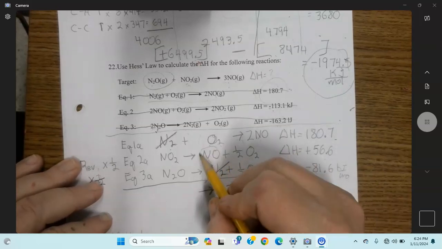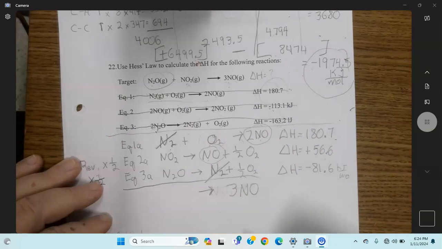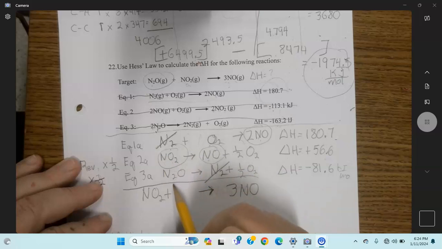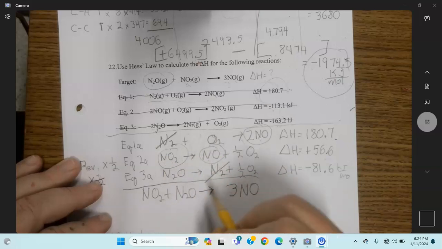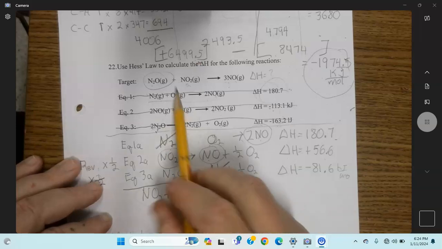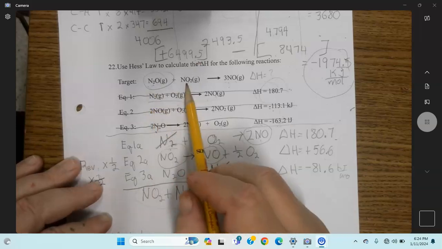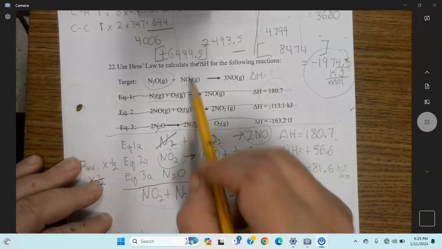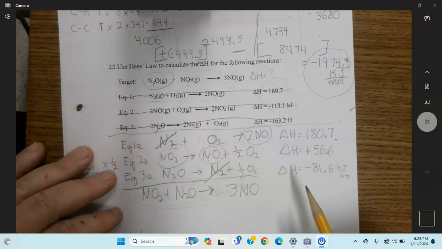Okay, so we've done those. I'm going to circle those because we used them. And then I've got NO2, and I don't see it anywhere else, so it goes over here. Plus, and I've used that, and now I got N2O nowhere else, so it goes here. And you see that matches up with our target. It doesn't matter which order you put N2O and NO2 in. The same thing. They're added, okay? So this matches our target. That means we got everything right.